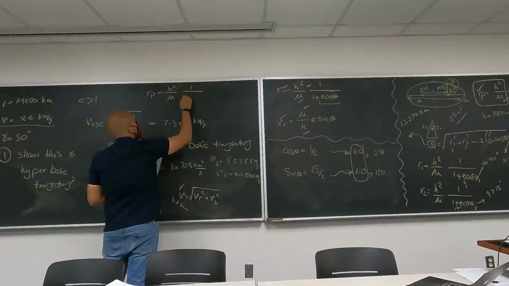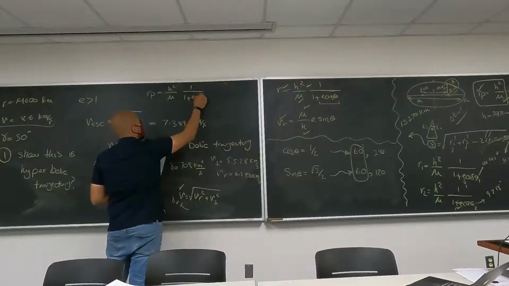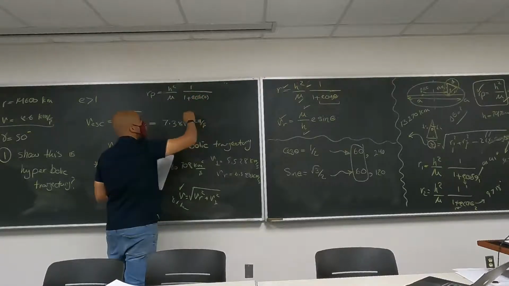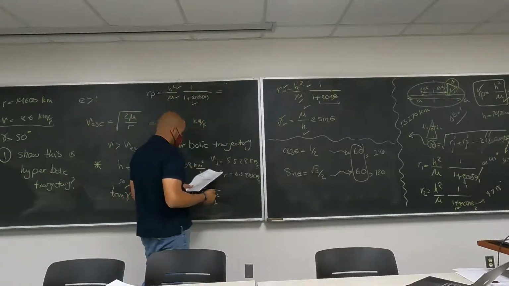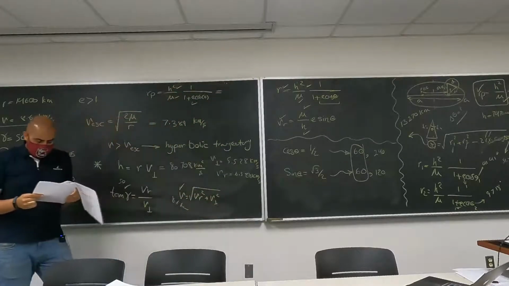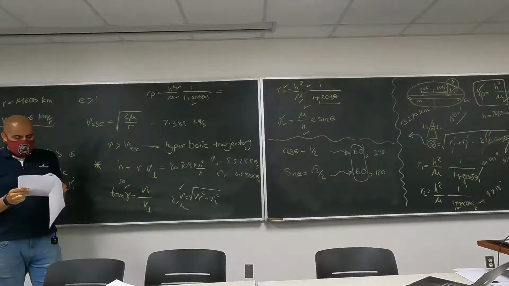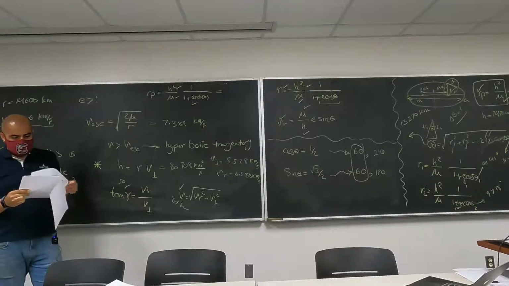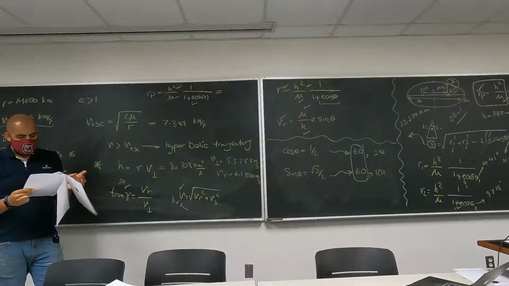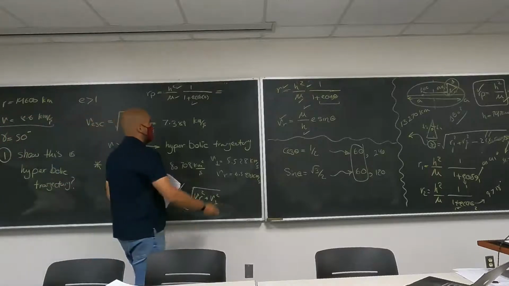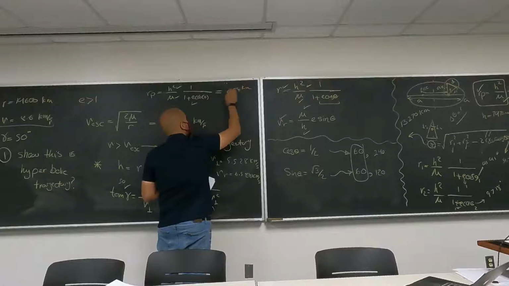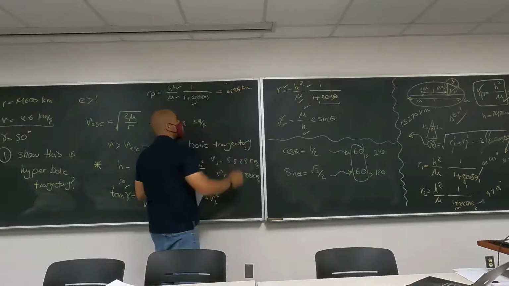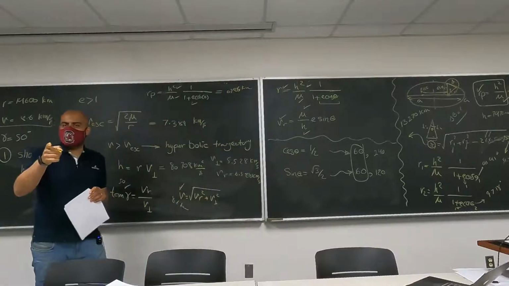We have the e, we have the h, we have the mu. We can find the radius of perigee to be 6,986 kilometers.